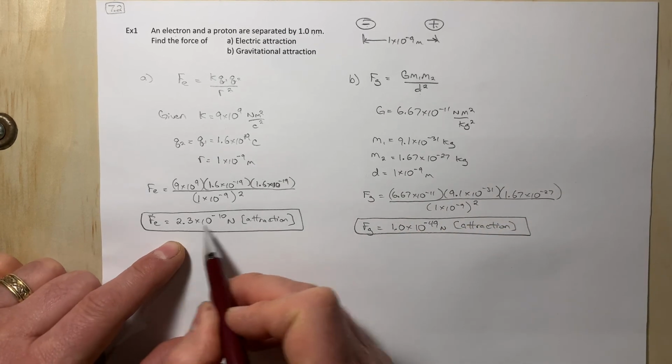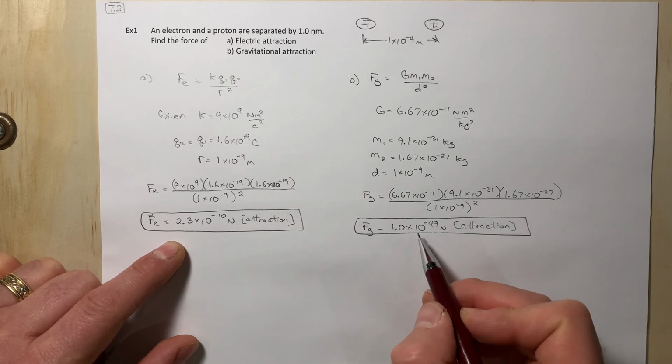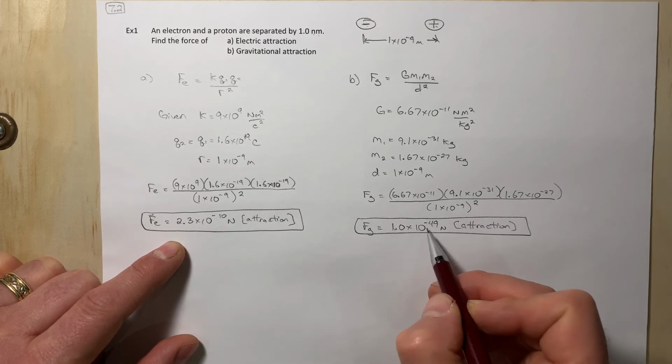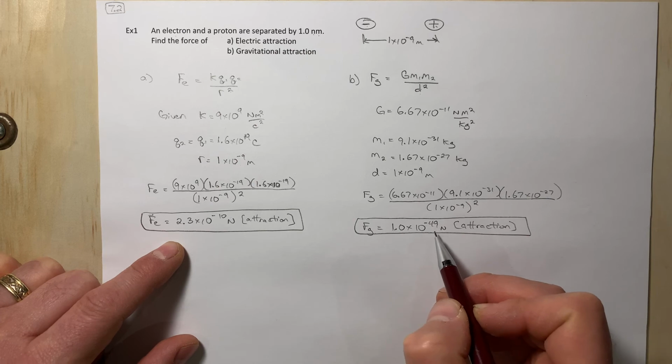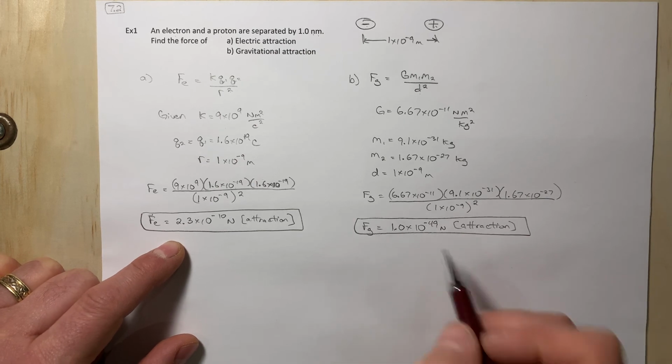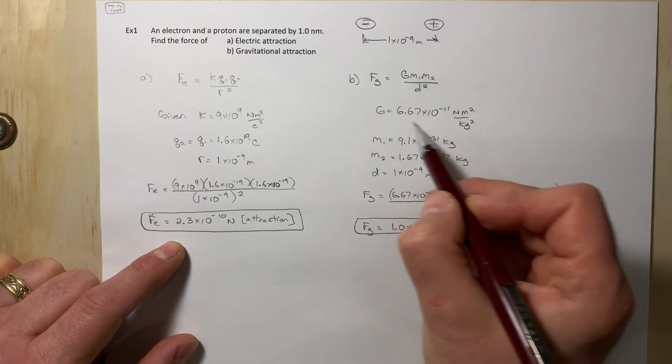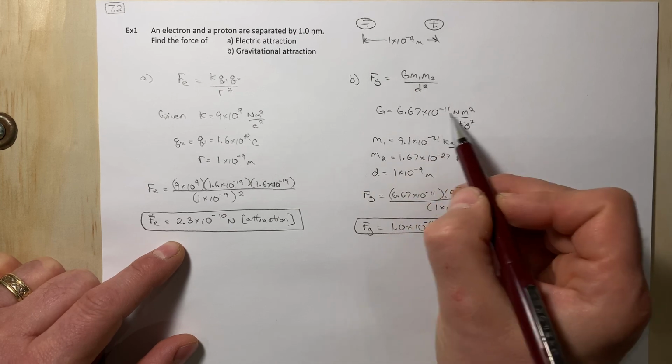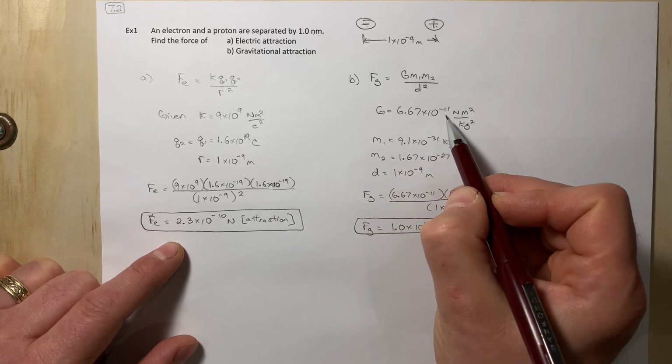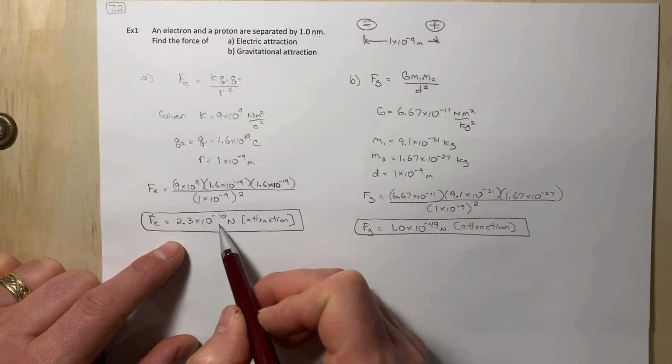2.3 times 10 to the minus 10 is a small quantity, but this is very small. Anything times 10 to the minus 49 is very, very small. The reason is that the constant in the force of gravity equation is times 10 to the minus 11. It's very small, whereas this number is relatively big.